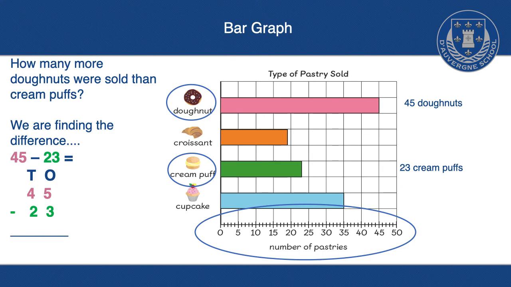So 5 take away 3 gives me 2, and then 40 take away 20 gives me 20. So I should be left with 22. So the difference as to how many more donuts were sold in comparison to cream puffs, there were 22 more donuts than cream puffs sold in one day.